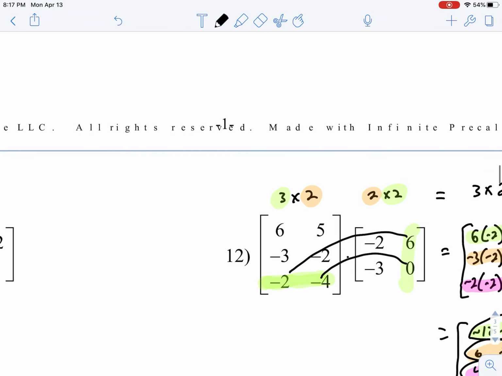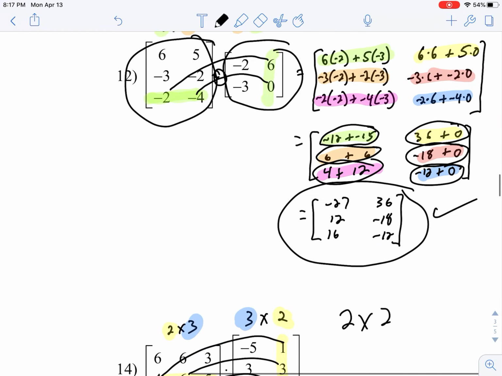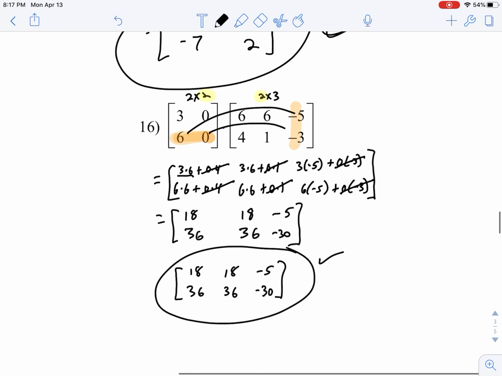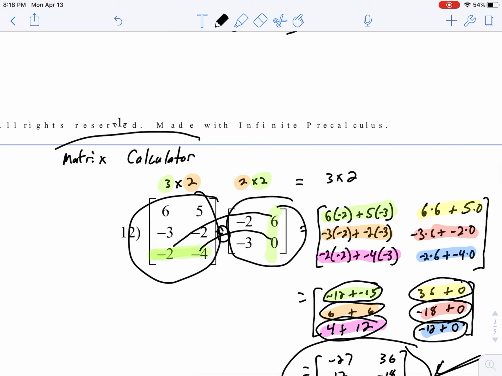But if you maybe do a Google search of matrix calculator, you might find something online where you can just type in this matrix, and tell the calculator to multiply them, and it'll spit out that answer. And then type in these two matrices and it spits out that answer. And then type in those two matrices and it spits out that answer. In fact, there might be dozens of matrix calculators online.